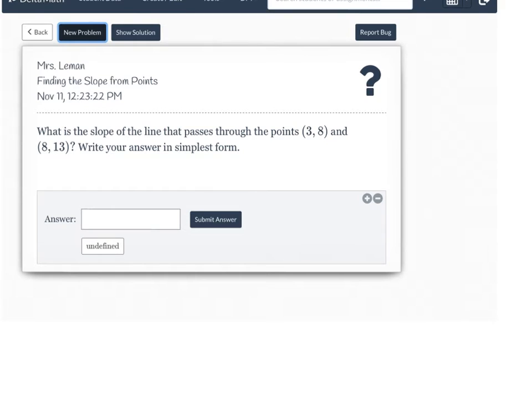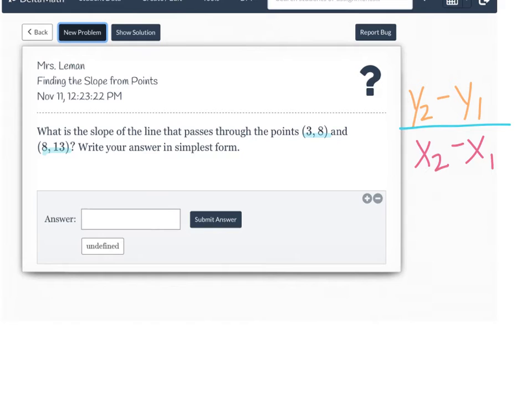Okay, so I'm going to show you 2 examples from the Delta Math of finding slope from 2 points. So the first part is we are going to use these 2 points, 3, 8 and 8, 13, and we are using the slope formula, which is y2 minus y1 over x2 minus x1. And like I've stated previously, the first thing that you want to do is label your points.